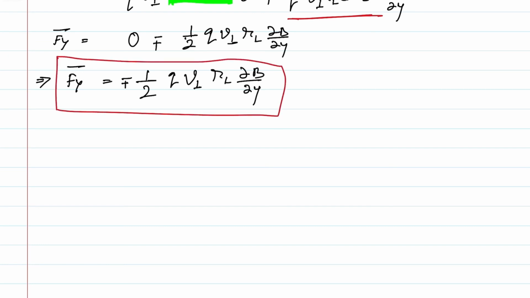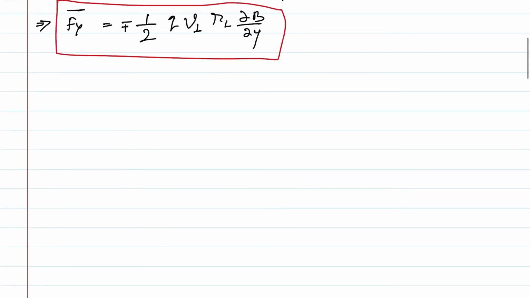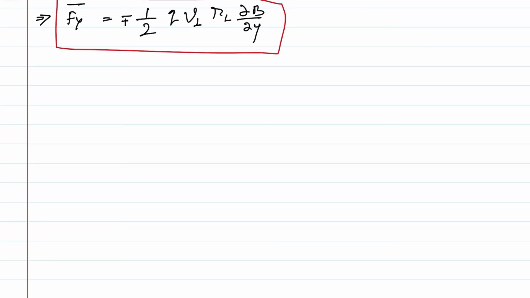So now let us find the expression for the drift velocity of the guiding center along y-axis. You see, the drift velocity of the guiding center, v_gc, is going to be equal to F cross B by q B square.